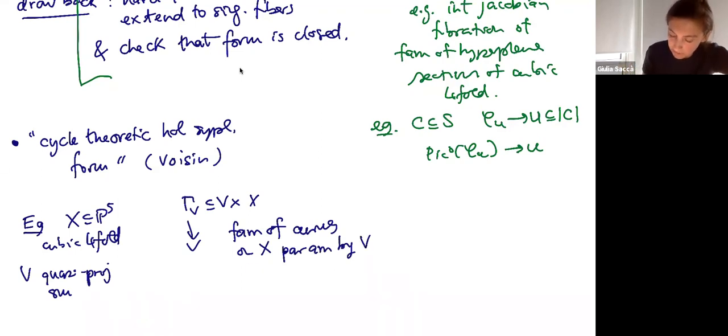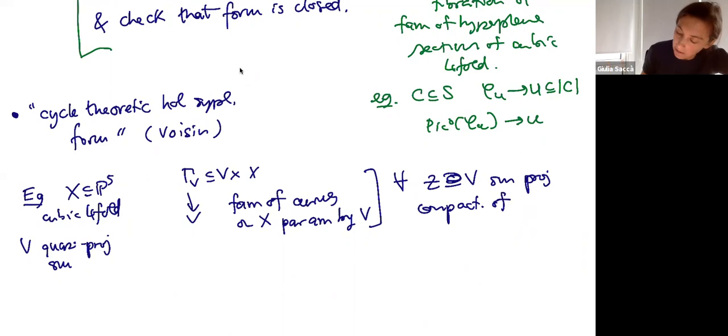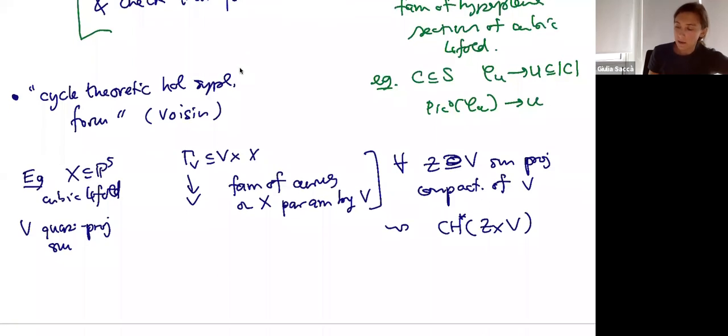Okay, and so what this tells me is that for any, say, Z, smooth projective compactification of V, I get a cycle in the Chow group of Z cross V just by closing whatever I have here, just by closing this cycle.